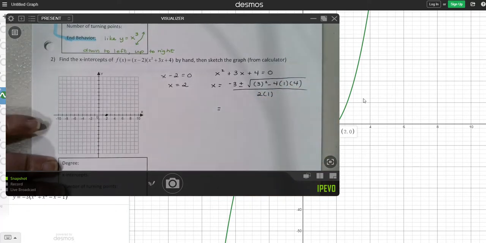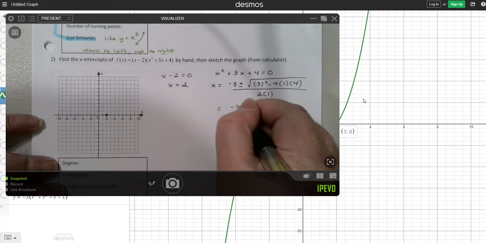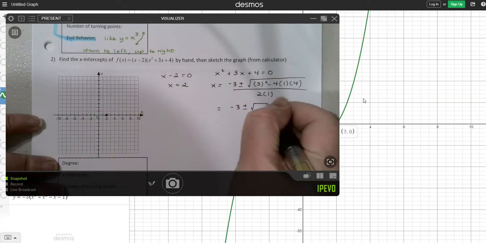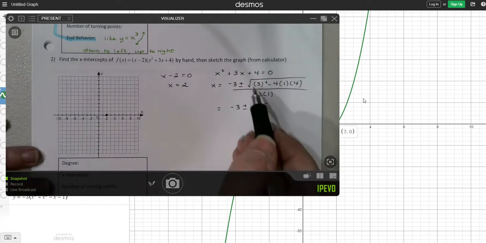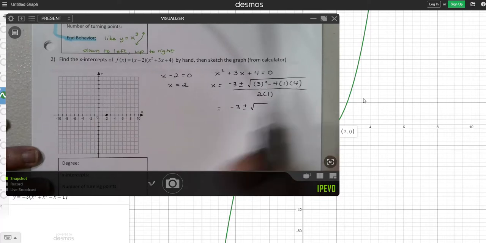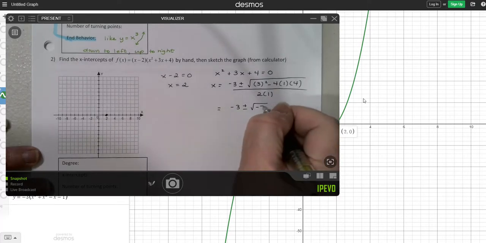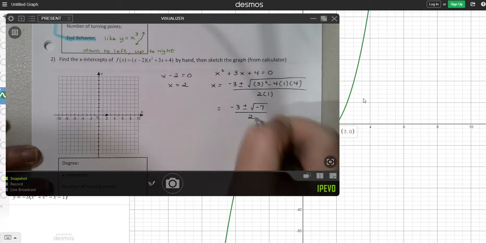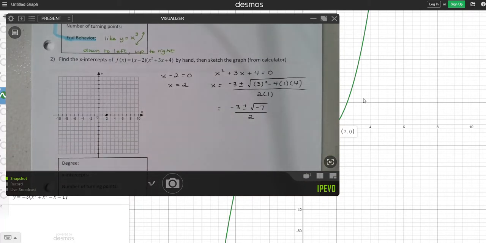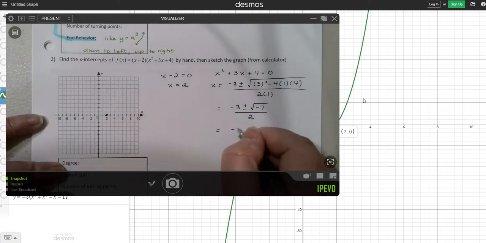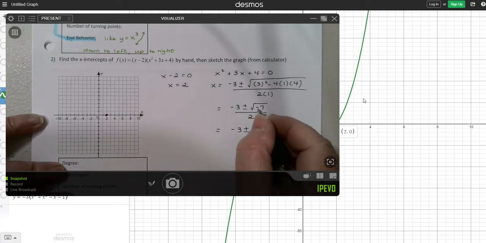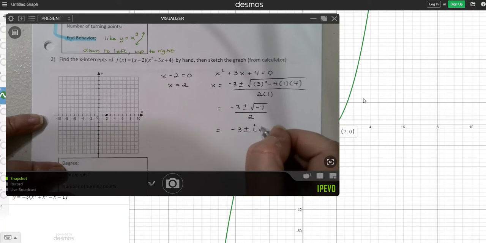All right, I've got negative 3 plus or minus the square root. And under my radical, I have 9 subtract 16. So I have negative 7. As soon as I see a negative under the radical, I know that these are zeros, but imaginary numbers don't appear on graphs, so they won't be x-intercepts. Let me just finish this. I can say the square root of negative 1 is i. So I can write it as i square root 7 there.